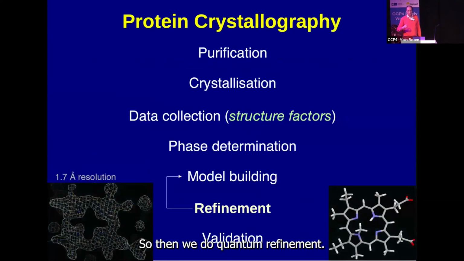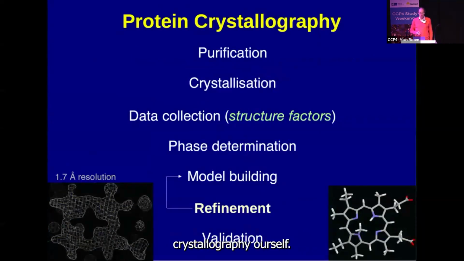So then we do quantum refinement. What I should say is that we don't do any crystallography ourselves. We take structures from other people, and then we just redo the last step, the refinement of the structures.